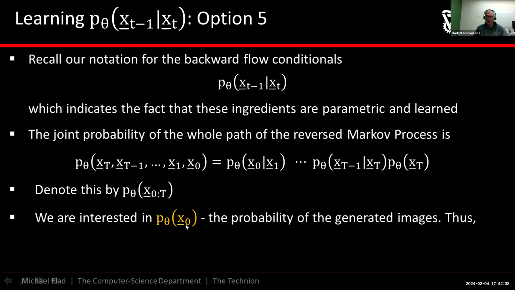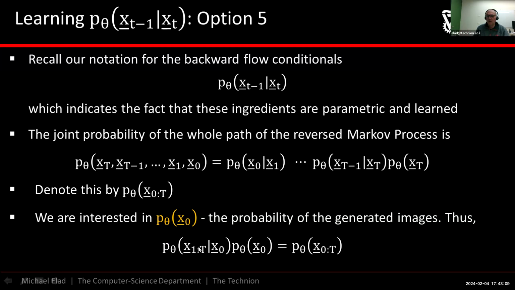Okay, we will be very much interested in p theta of x0. If you think about it, this is what we are after. This is the probability density function of the true images as the generator thinks about them. In fact, what we would like to do is to make sure that this probability loves good-looking images, in the sense that it assigns them high probability. But this is too soon. Let's just concentrate on this expression and write the following. I'm taking this joint probability, or in this short notation, p theta of the complete path.